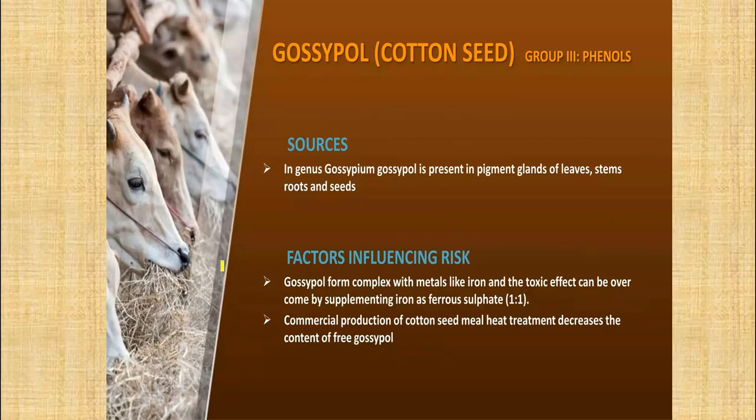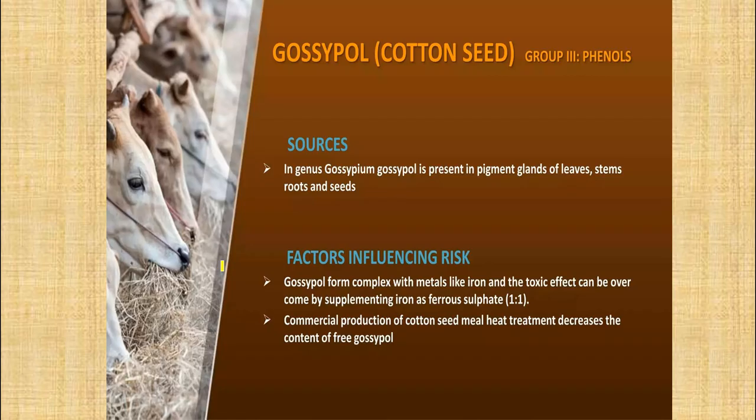Then gossypol. Of course, we need to discuss this because it is one of the important sources of poison. Gossypol is present in the pigment glands of the leaves and stems of the cottonseed plant.